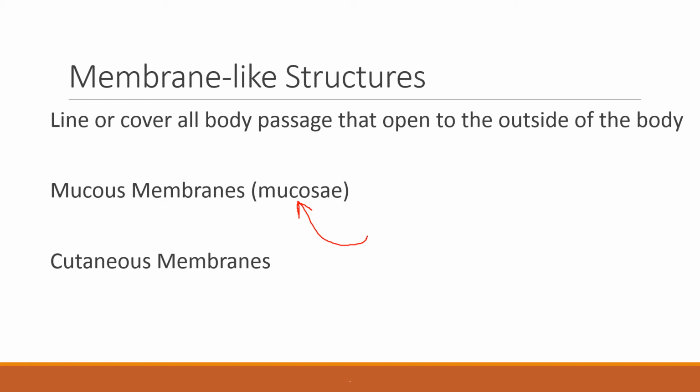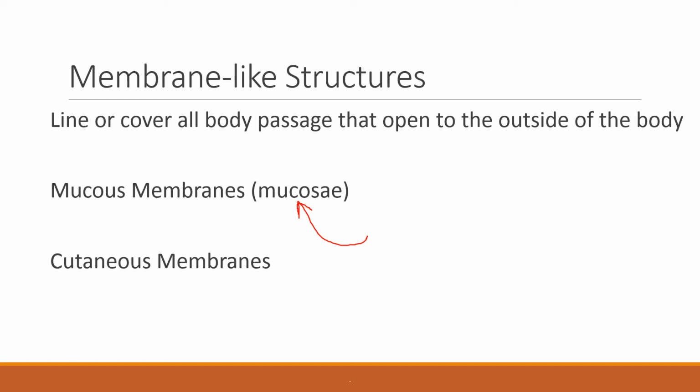These membrane-like structures basically line all of your body passages as components of the walls of your hollow organs or the surface of the body. Basically parts of the body that have some exposure to the outside world.